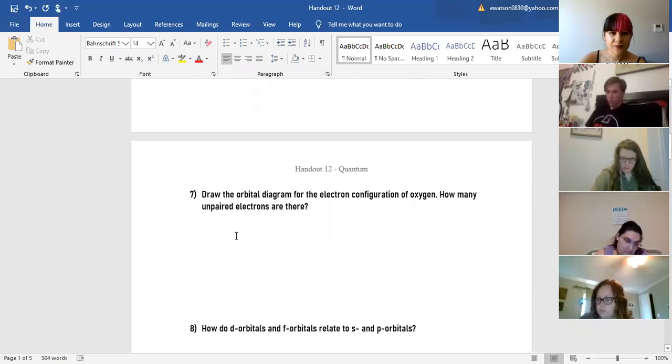Draw the orbital diagram for the electron configuration of oxygen. How many unpaired electrons are there?